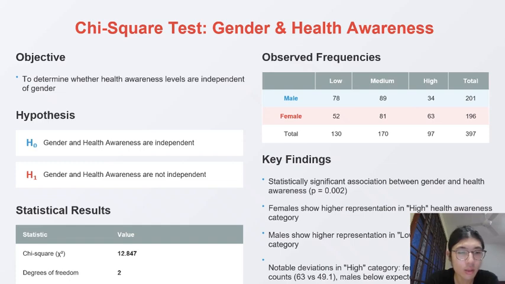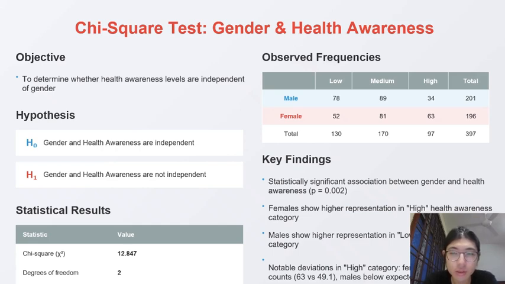And then we have the statistical results: chi-square and degrees of freedom. The observed frequencies are listed, though not explicitly detailed with results in our report.